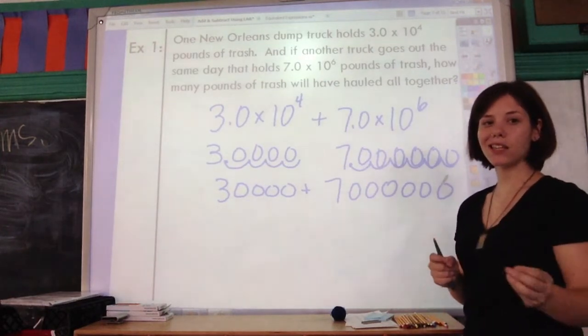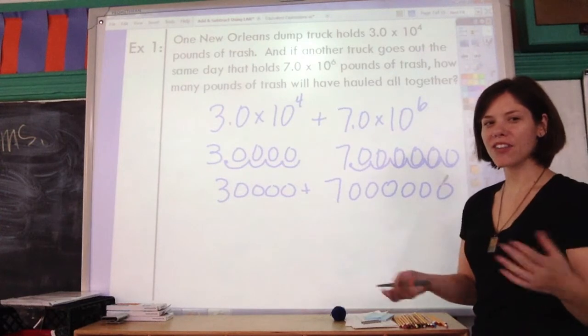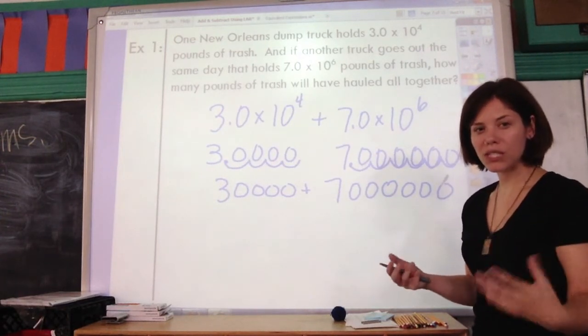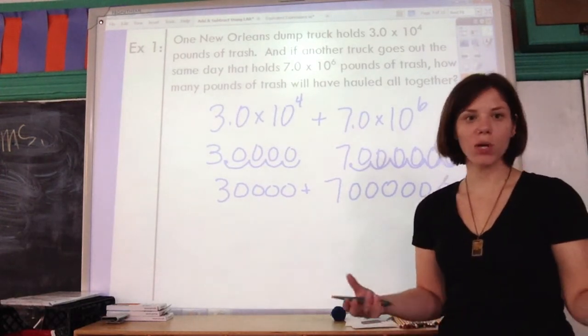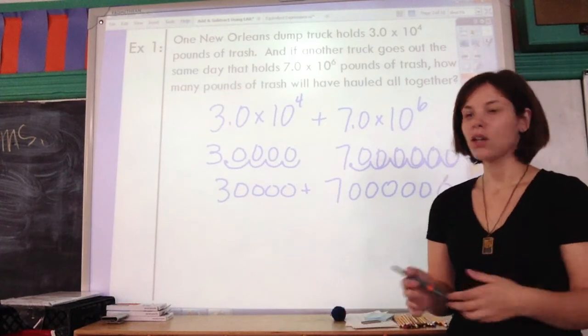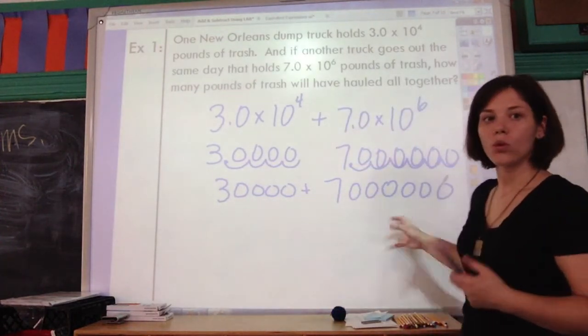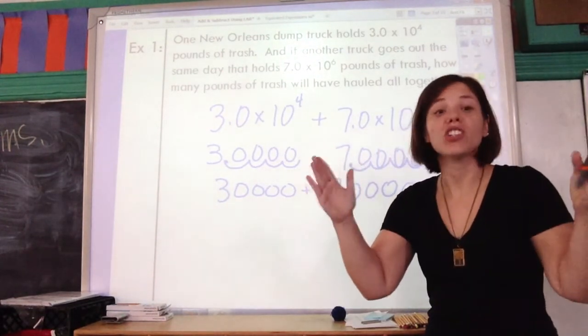A big mistake that you guys made on your prove-its on Friday is that you were trying to either line up commas or you were filling in zeros when you didn't need to. Don't forget the basic rules of addition just because we're adding something new to it. This number is 30,000. This number is 7 million. When you're adding, you put the number with more digits on top.